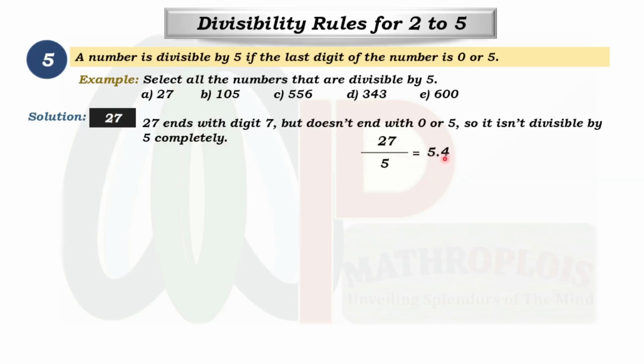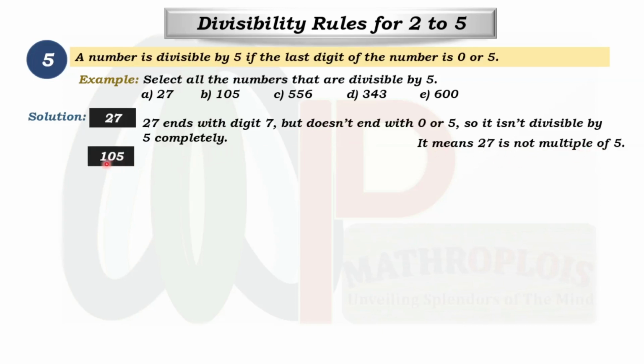It means 27 is not divisible by 5 completely, but with some fractional part, or we can also say with some decimal parts. As 27 is not divisible by 5 completely, so 27 is not a multiple of 5.